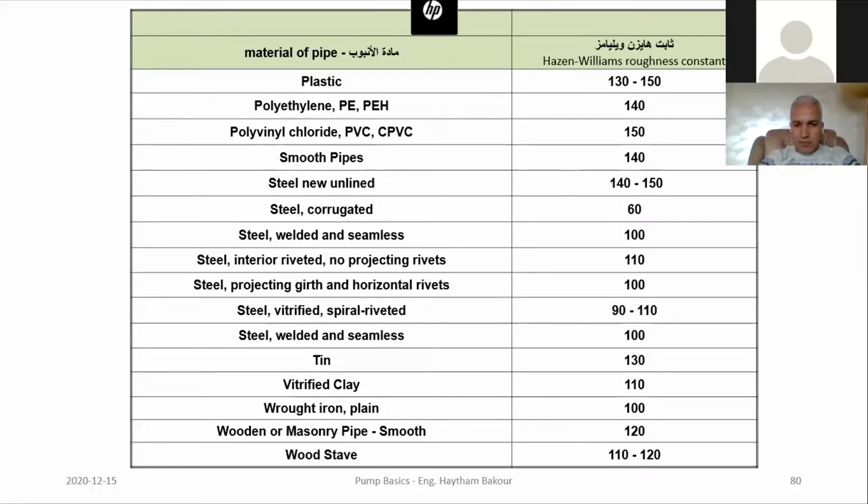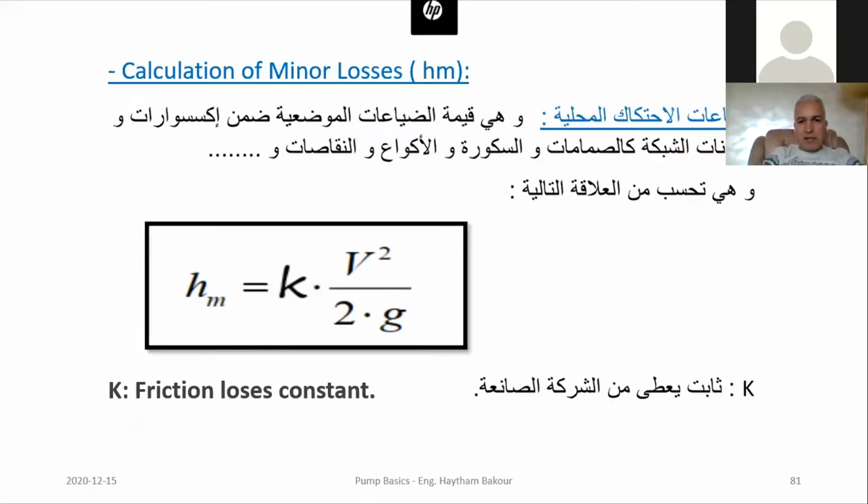Those are the losses from inside the pipe, while the other loss is the minor losses in the accessories. Those are within the accessories in the network, any accessories like valves and others.